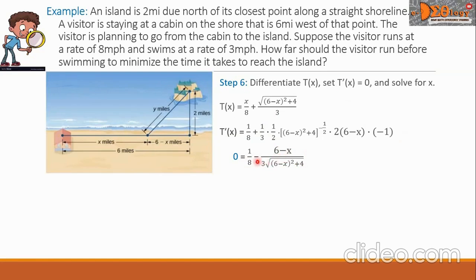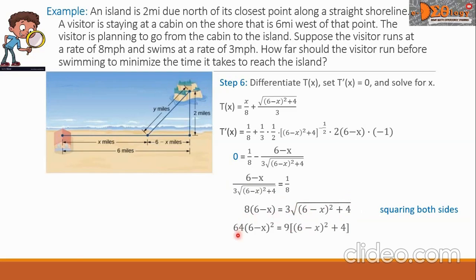Let us transpose the second fraction to the left side, so this negative becomes positive. And from here, let us do cross multiplication. So our new equation becomes 8 times 6 minus x equals the whole radical on the right side. Then let us square both sides so that this radical will be cancelled.